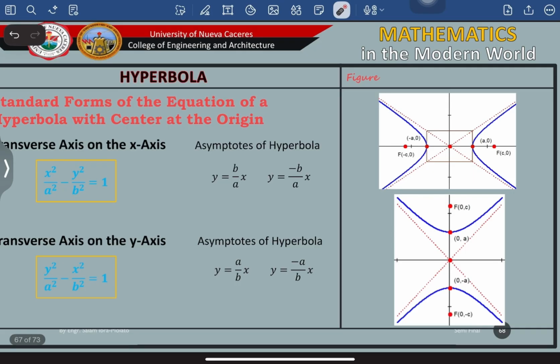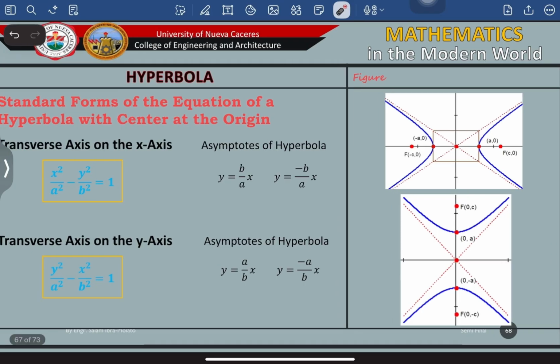Then, dito, since it opens vertically, ito yung a natin. Then, dito yung b. So, tatandaan nyo, yung a is always passes through the vertex and the center. So, siya yung distance dun sa center papunta sa one of its vertices.